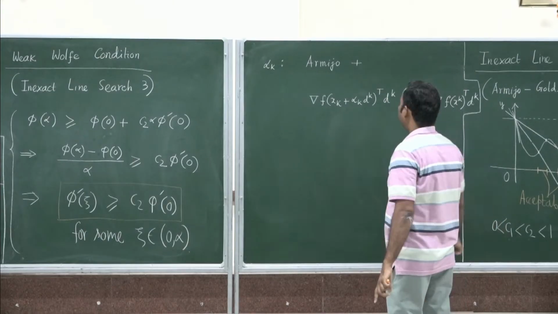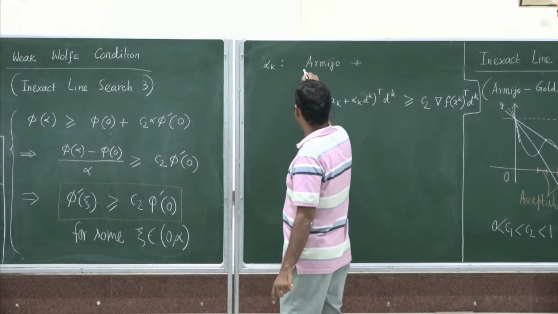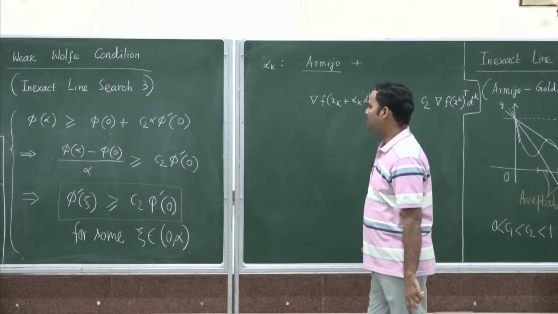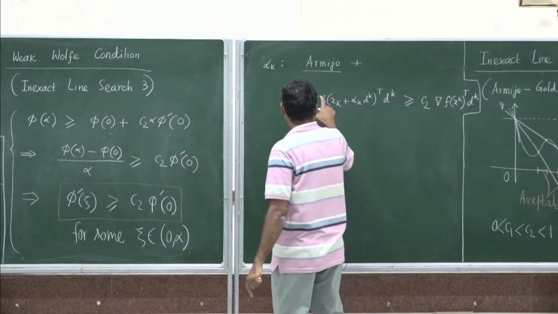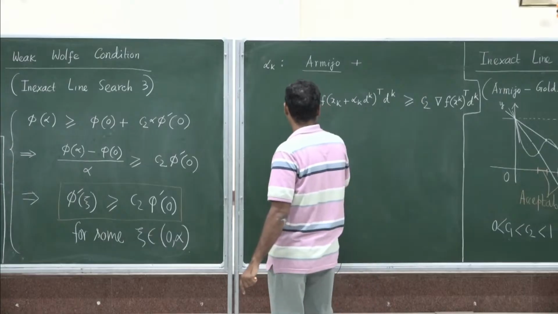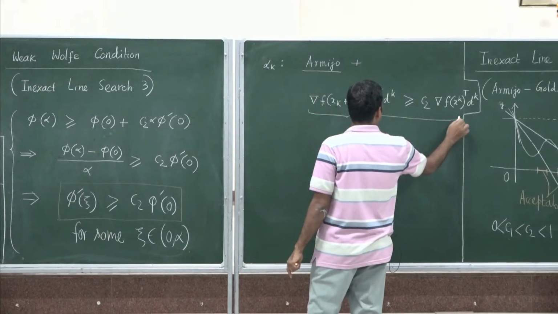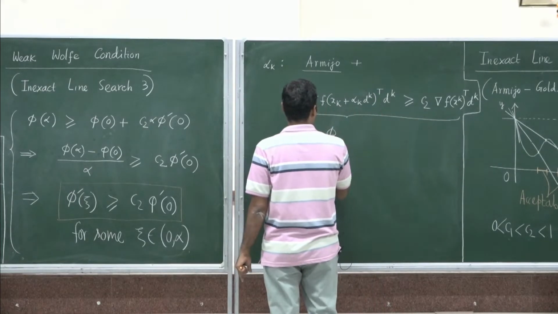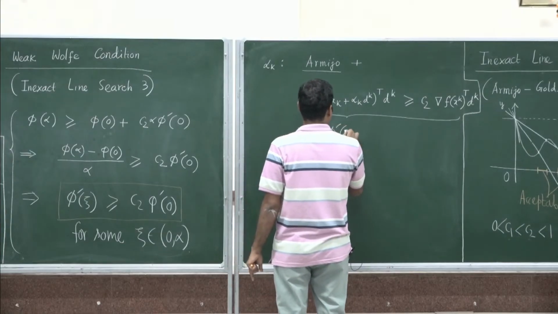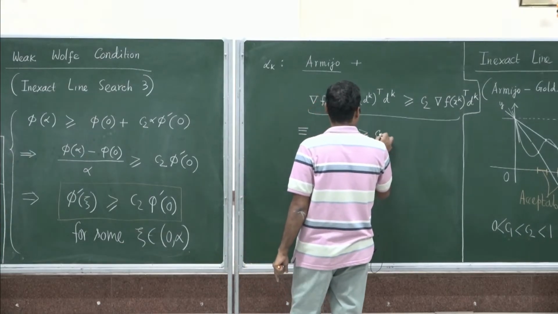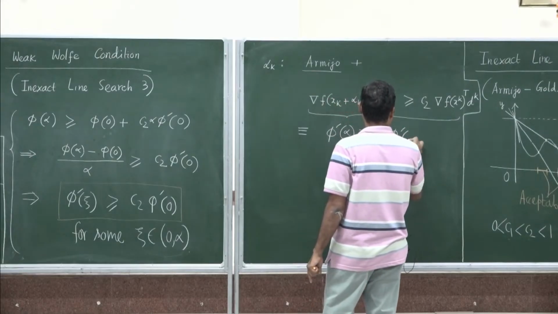Choose alpha k such that the Armijo condition plus this condition are satisfied, and this condition is simply phi dash alpha greater than or equal to C2 times phi dash 0.